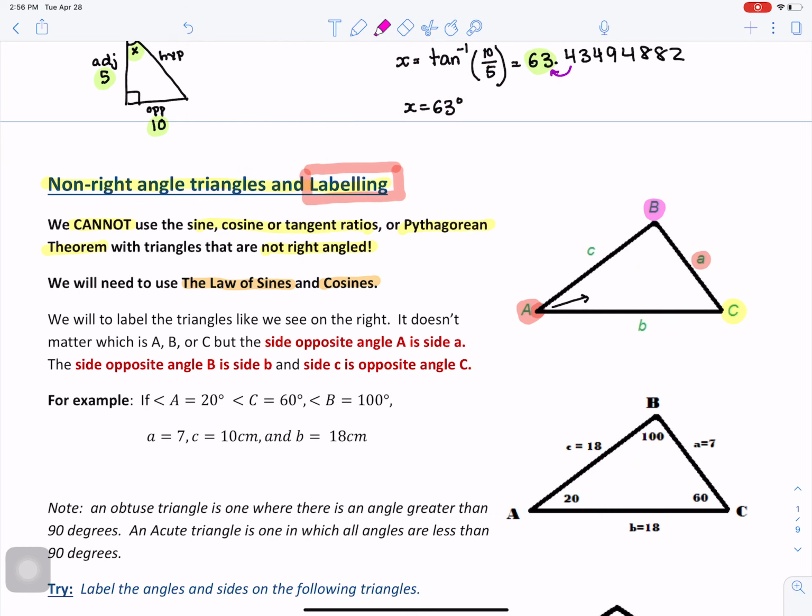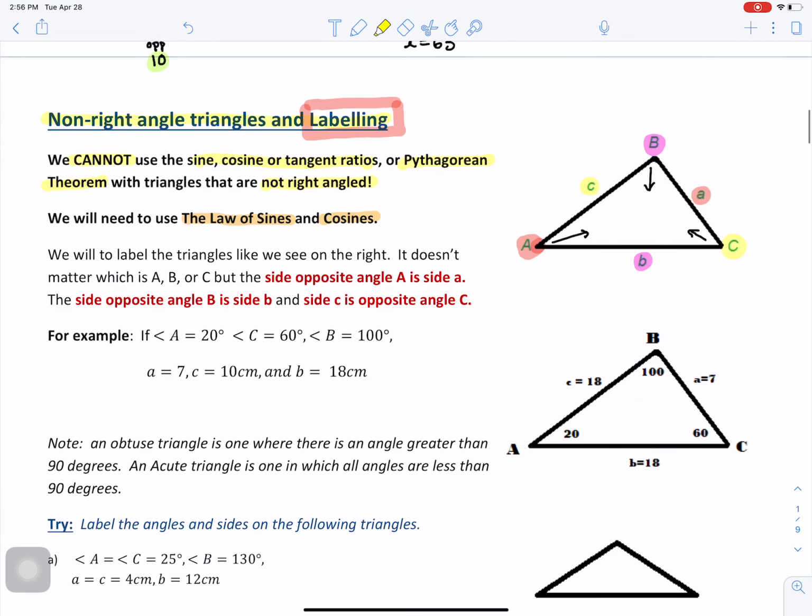Angle B, capital B, associates with lowercase b. So the one opposite to your B angle is lowercase b. The one opposite to your C angle is lowercase c. So capital C associates with lowercase c, capital A with lowercase a, and capital B with lowercase b.